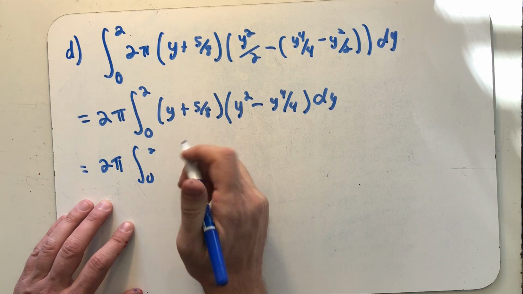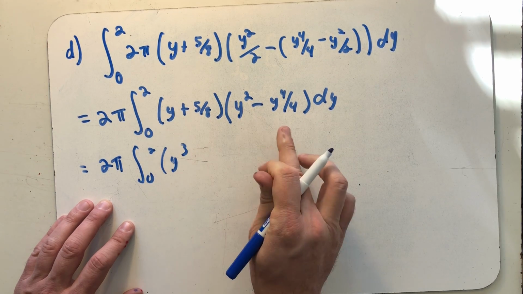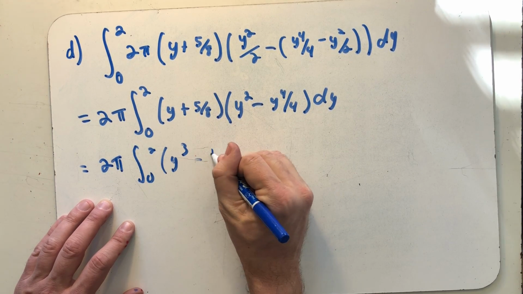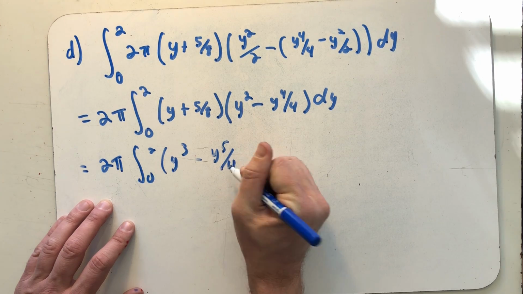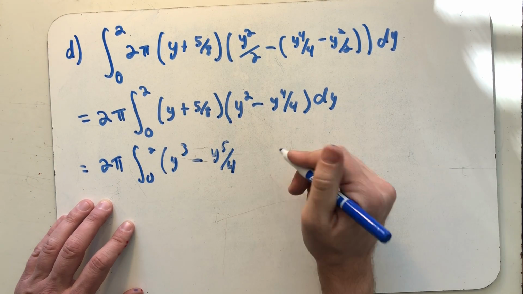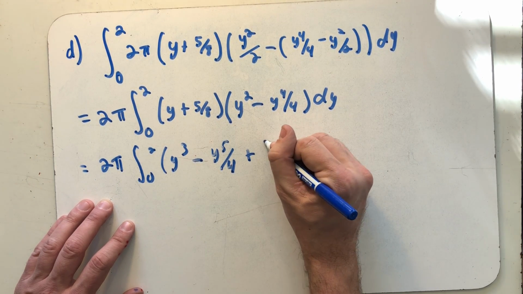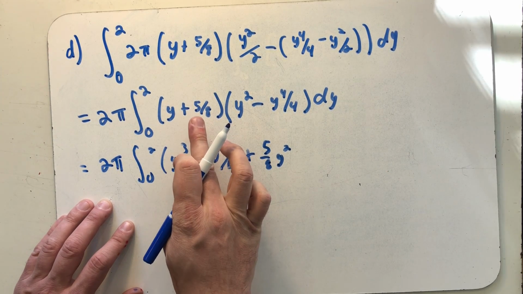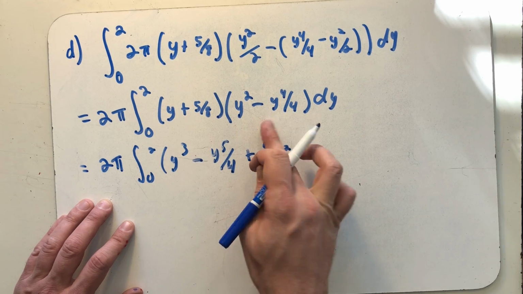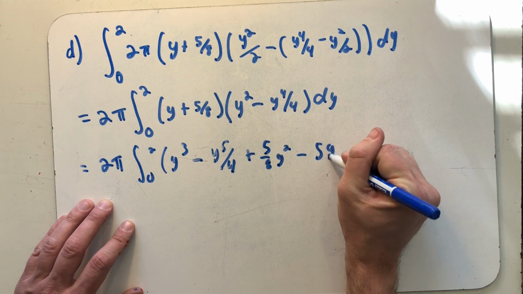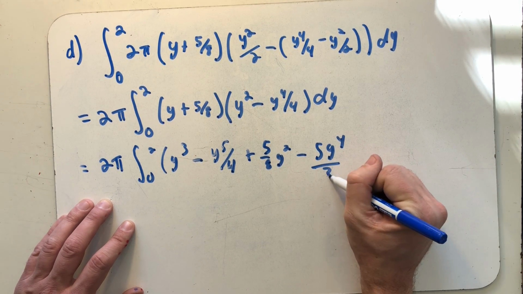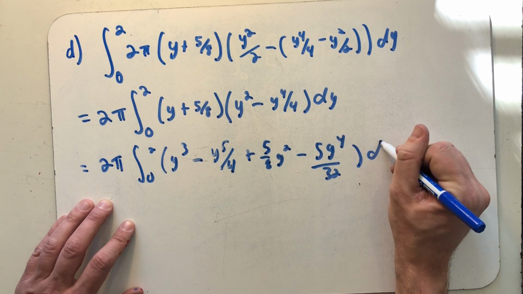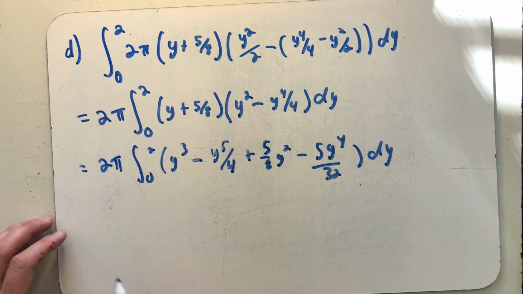So let's see, we have a y cubed minus y to the 5th over 4 plus 5/8 y squared, and then finally minus 5 y to the 4th over 32. All right, let's find our antiderivative.